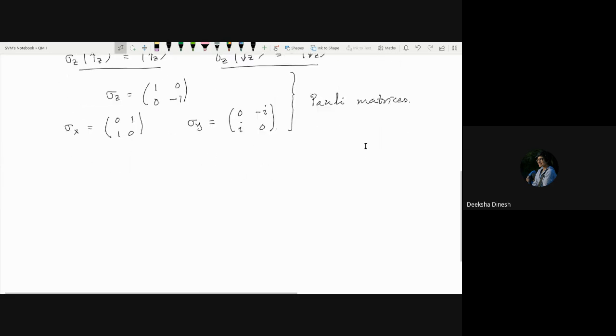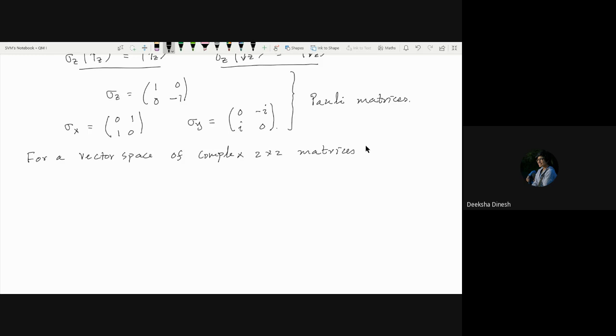And there is an interesting thing: if you consider a vector space of complex 2 by 2 matrices, what is the dimension of this vector space? It is 4 dimensional, because you require 4 complex numbers.